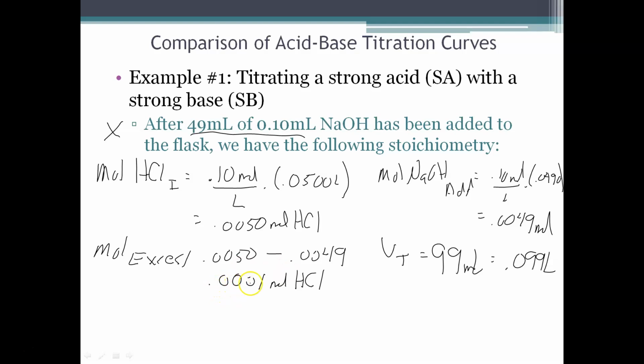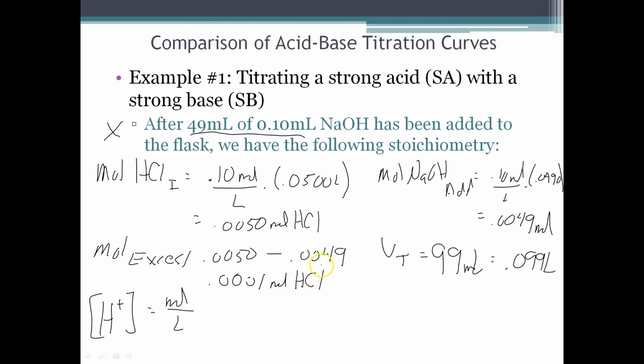So if I have 0.0001 moles of HCl left over, that means my hydrogen concentration is moles per liter, right? Moles of hydrogen per liter of solution.